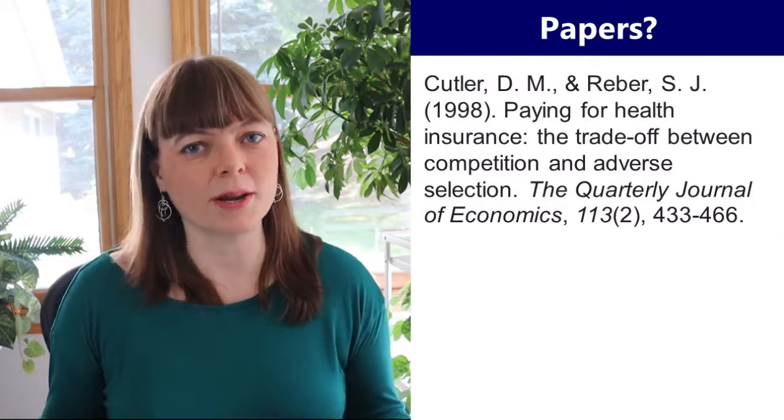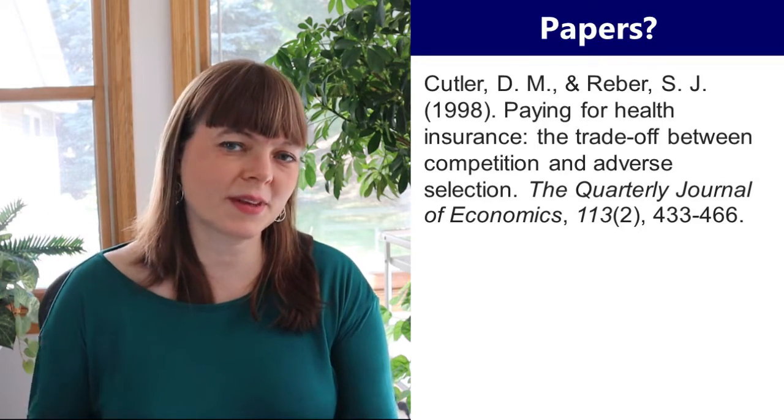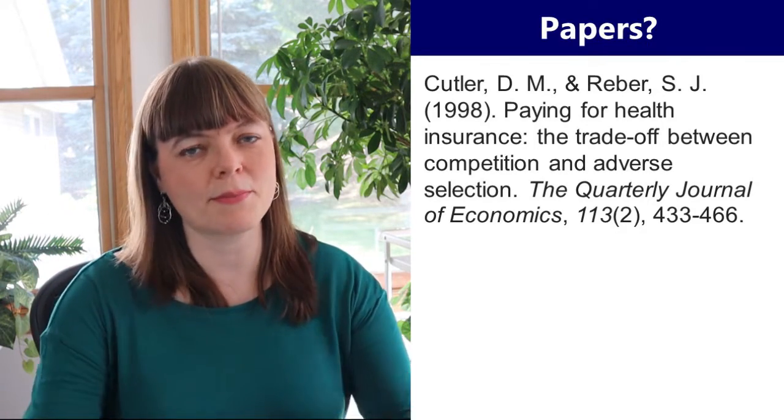You also want to re-emphasize that this experiment was with not-for-profit companies. This is not driven by profit. If you're going to bring in some literature, Cutler and Reber is a great paper, and I'm not going to explain that here, but I'll put a link to the paper below.